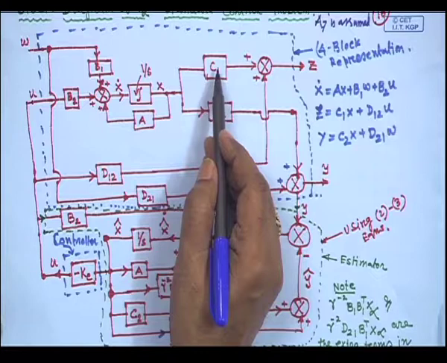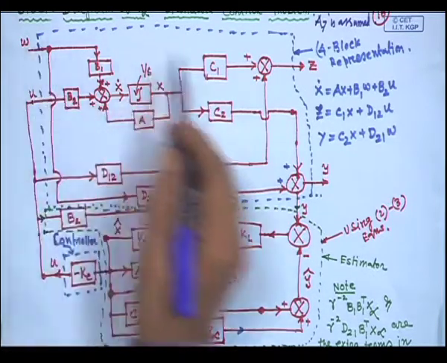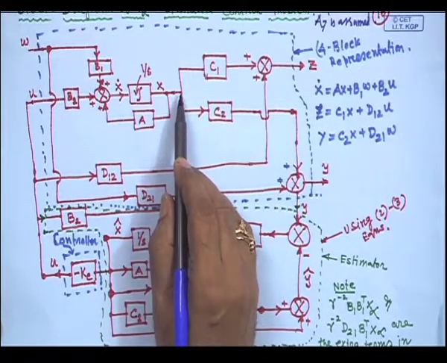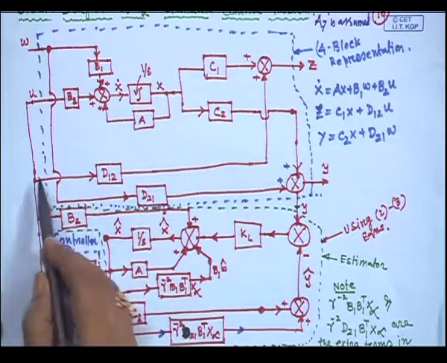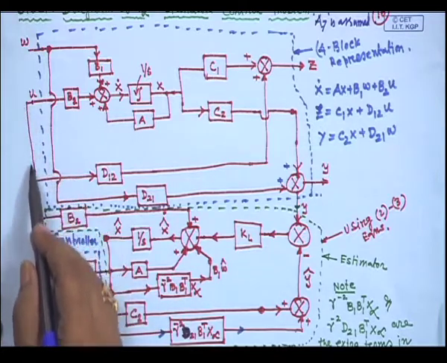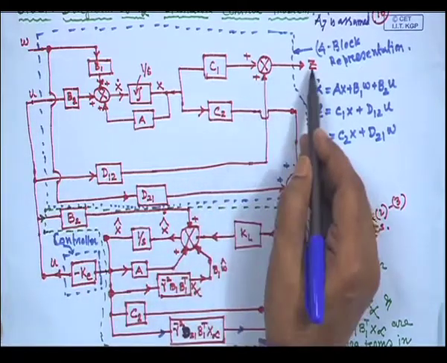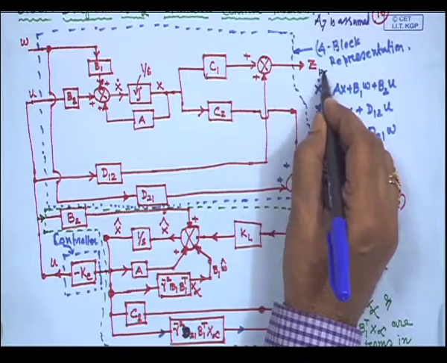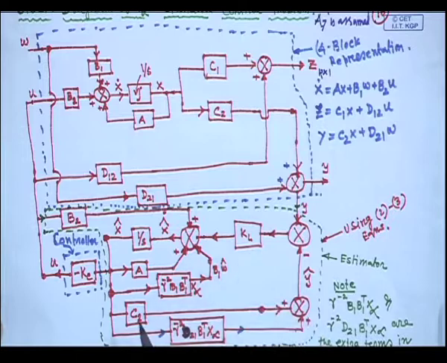D11 I have considered 0. So, there is no input from W, so the D11 part is 0. Then what will come? D12 U. So, it is coming D12 U, this signal. So, that is the regulated output, and that dimension is, if you consider, P1 cross 1. Agree?